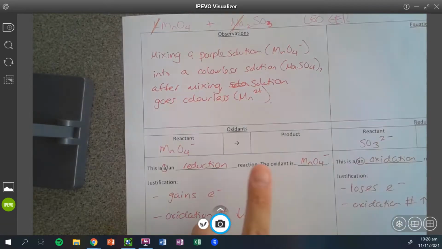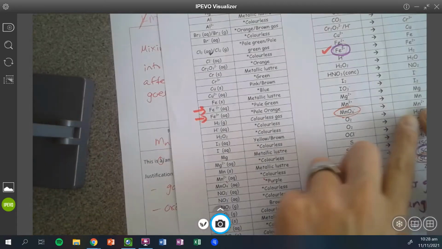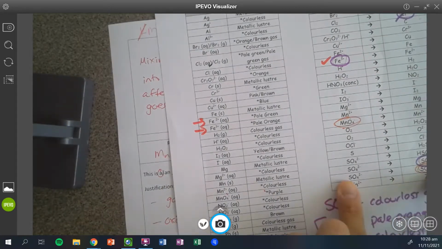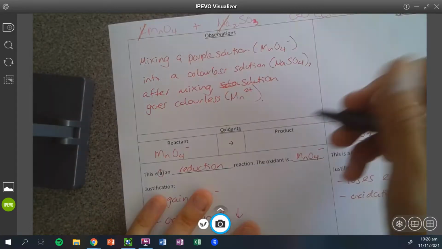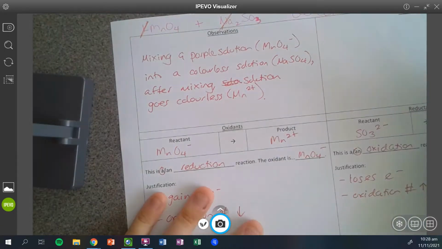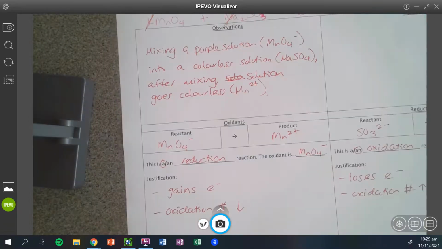And then to identify the products, I use this table here. So that one is going to Mn2 plus, and this one is going to SO4 2 minus. Are you okay with that so far?